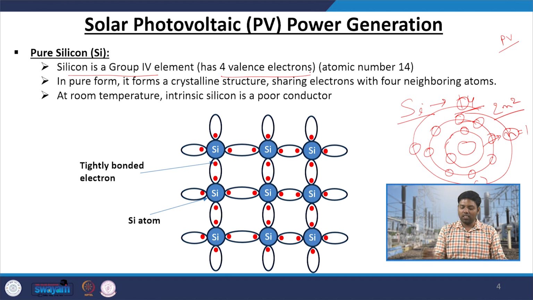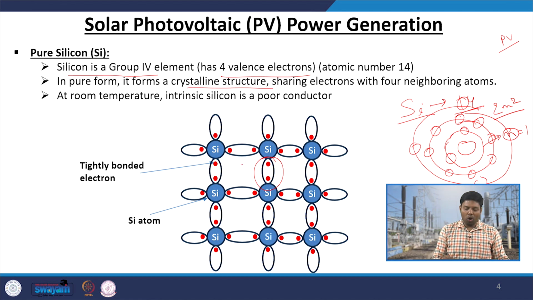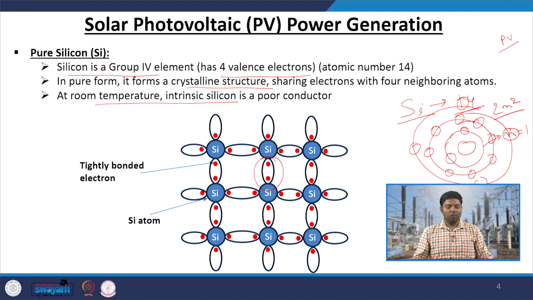You have 4 valence electrons, or free electrons, present. Generally, these silicon atoms make a crystalline structure with their neighboring atoms by making bonds with these free electrons, and then each silicon atom will have 8 electrons, and your silicon structure will be tightly bonded in a stable configuration. So, at room temperature your silicon is a very poor conductor.